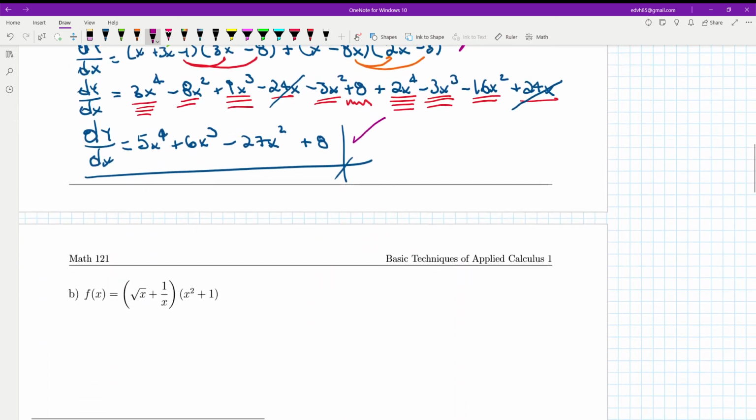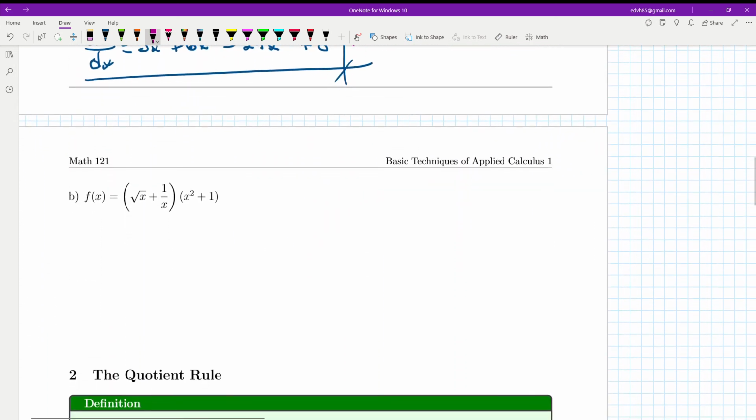Now let's look at letter B. For letter B, f of x equals the square root of x plus 1 over x, times x squared plus 1. In the first place, we cannot just do the product rule just yet. Number one, we need to rewrite these two terms.